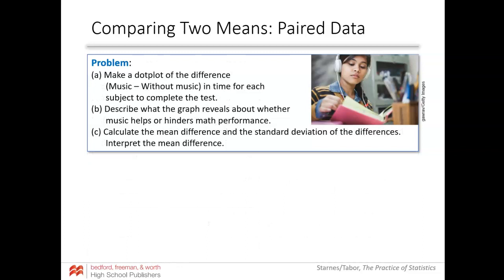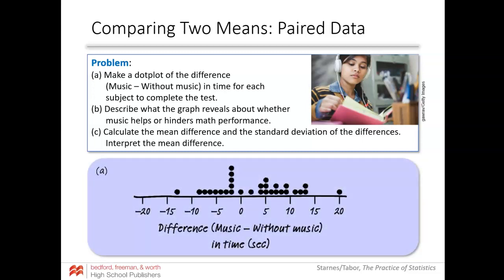Okay, so first things first, make a dot plot that represents the difference, music minus without, in time it took for the subject to take the test. So here's your dot plot, measuring the difference, and then they indicate what order. Okay, fascinating stuff, I know. Describe what the graph reveals about whether music helps or hinders.